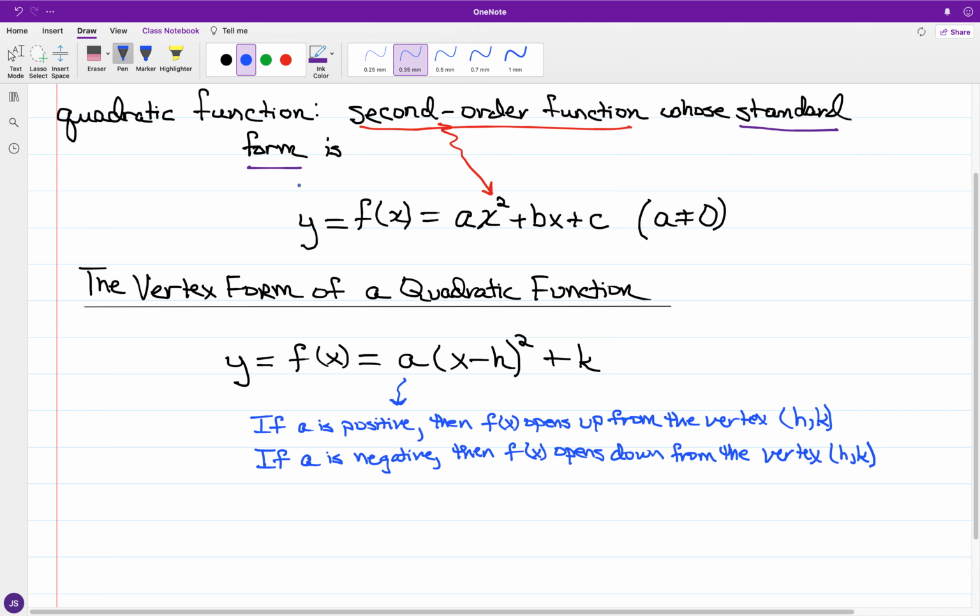Now, where h comes in, h is going to serve a bit of a twofold purpose. One is what is regarded as the axis of symmetry.